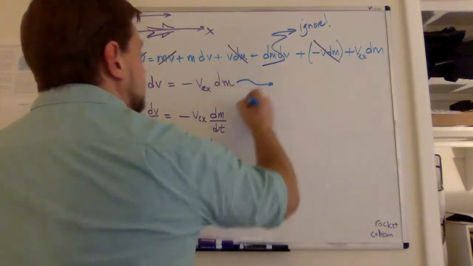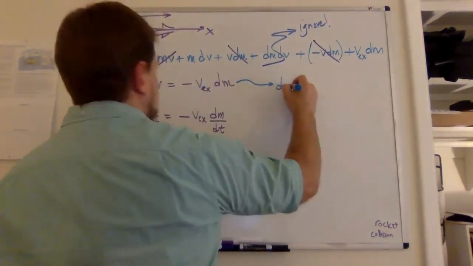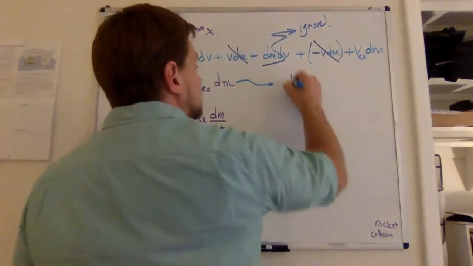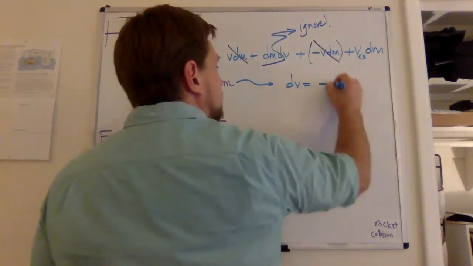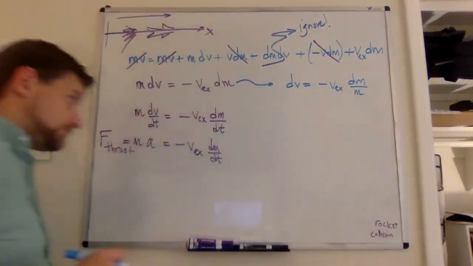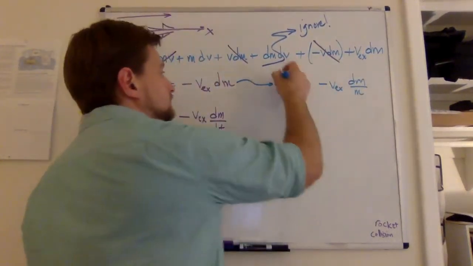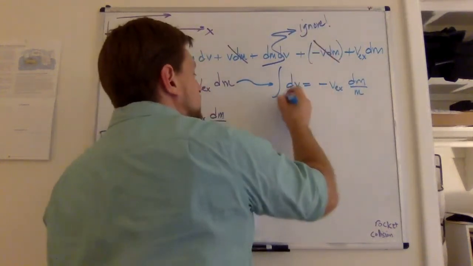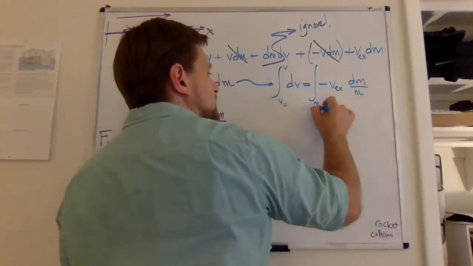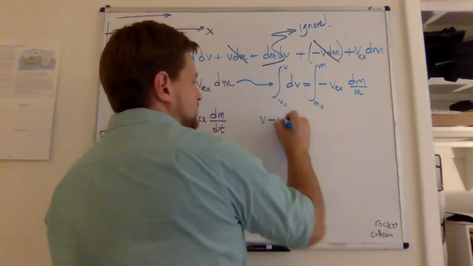If we integrate, let's start from here. I'll move the m to this side. dV equals negative V exhaust dM over M. And if we integrate both sides from V0 to V and from the associated M0 to M, then on this side we've got V minus V0.